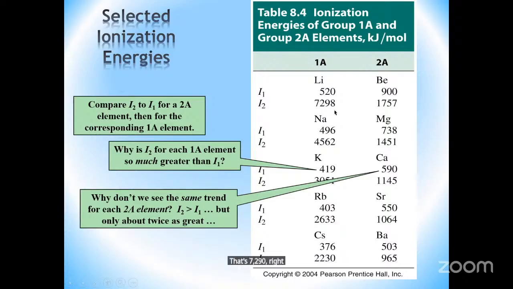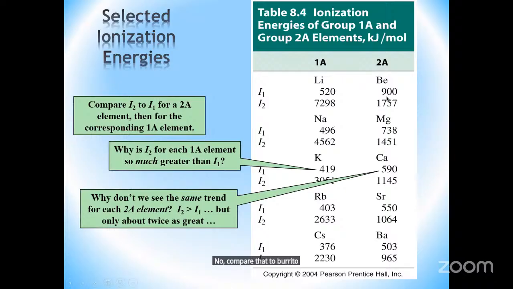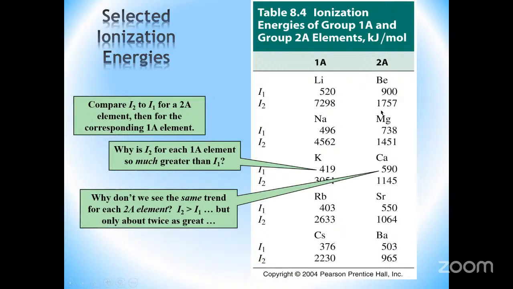That's a huge difference between the energy required to remove the first and the second electron. Now compare that to beryllium, right? To remove the first electron in the case of beryllium, it's 900, right? And then to remove the second electron, it is 1,757. So you'll notice that this difference here, what's going on?